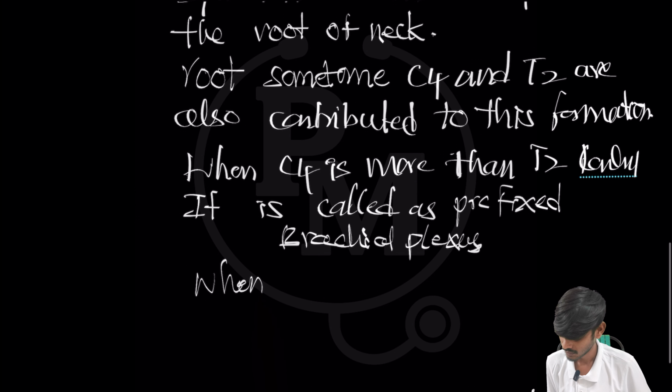When T2 is more contributed than C4, it is called as postfixed brachial plexus.